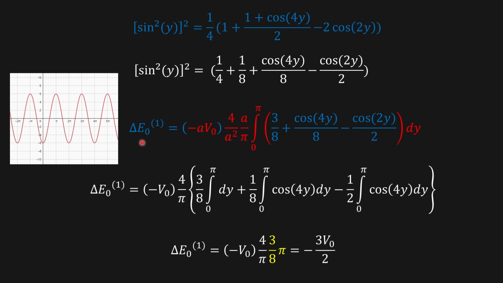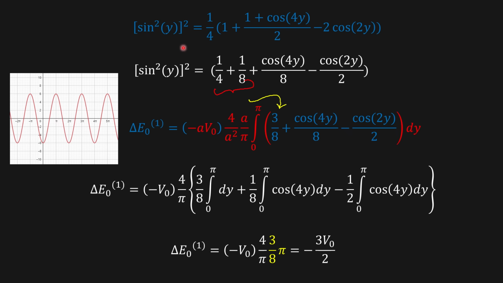Now for the first order energy correction, if we add these two terms first, you will get 3 over 8, and the third and fourth terms I am keeping as they are. We have to integrate.